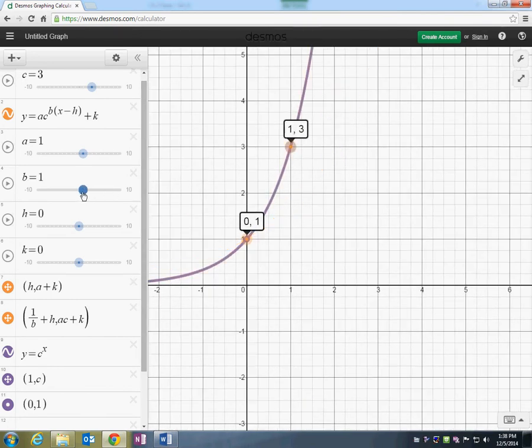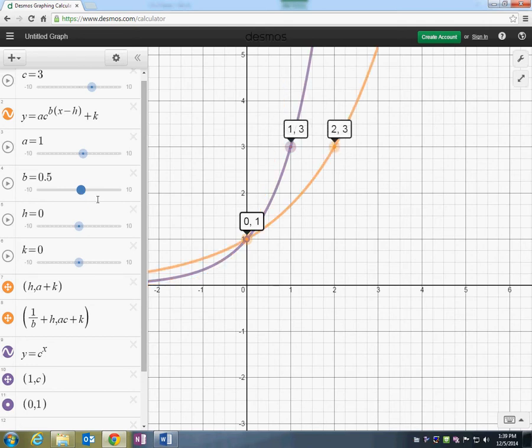So if I do back to 1, and if I change it to half, see how it stretches horizontally. It gets farther out. Okay. If I make my B value 2, it's going to be a horizontal compression, and so you can see that orange line come inside. Okay.